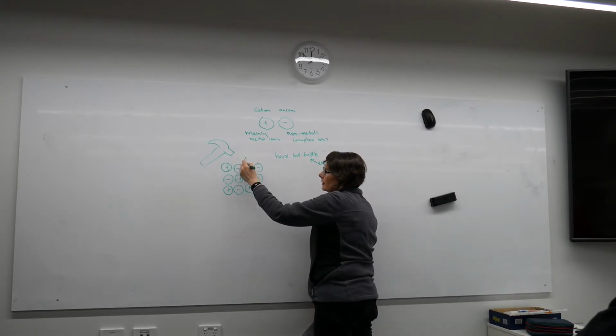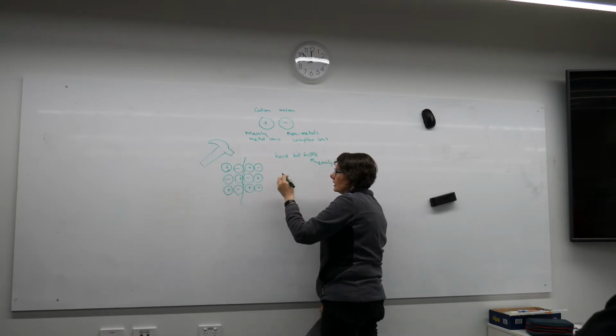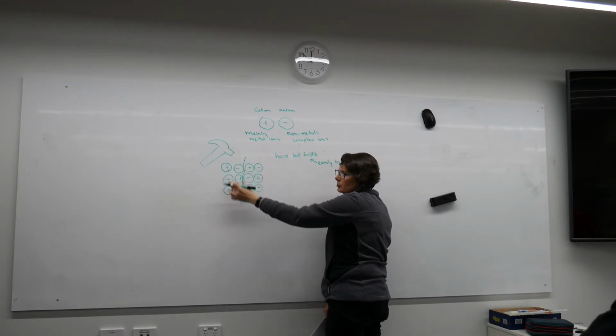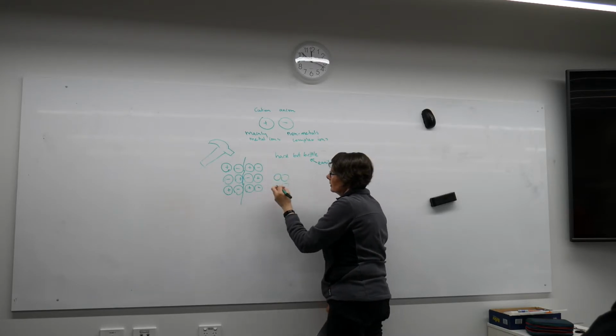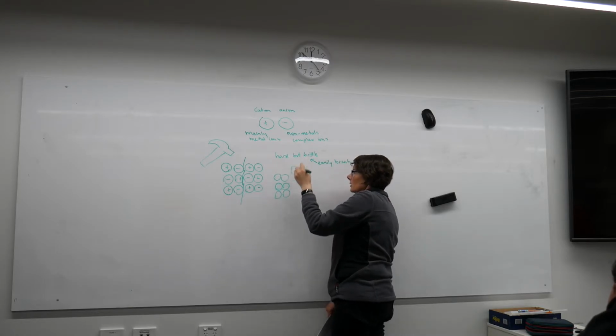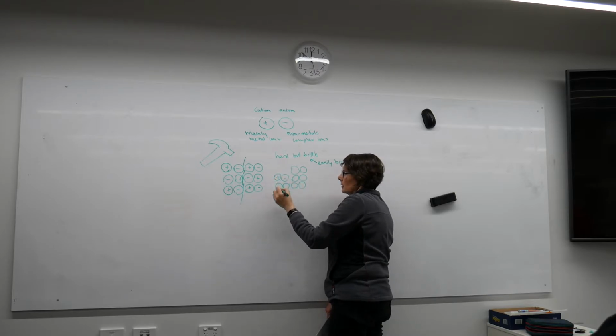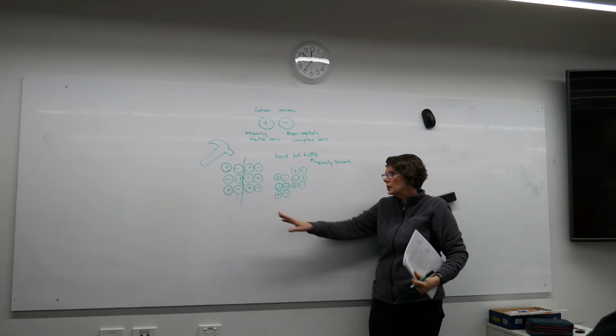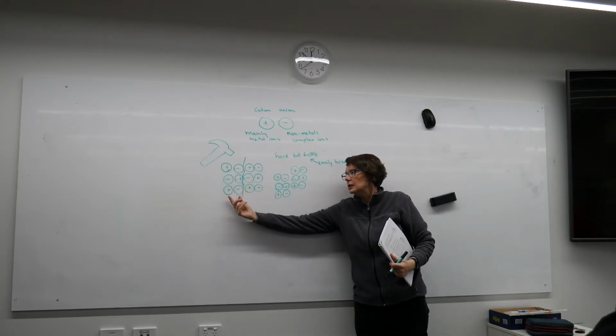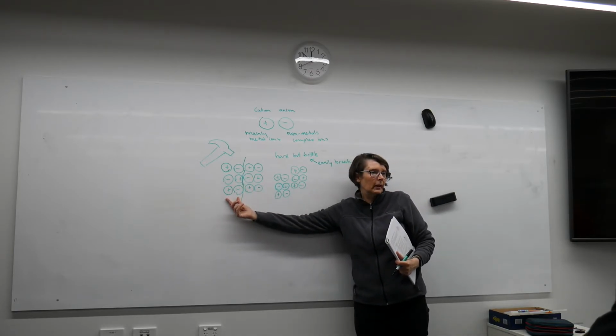So if I'm going to break down there, what happens is if this moves down one, so if you can see, all I've done is I've shifted this column pair down one.